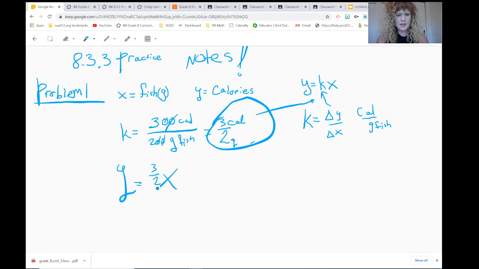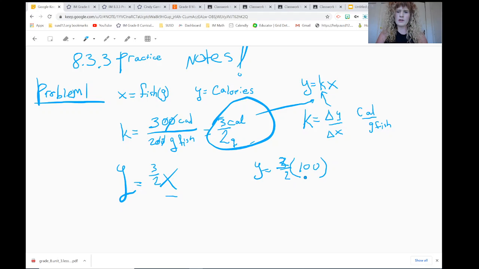And what does that mean? That means for every x grams of fish, you have 3 halves calories. Okay, let me show you some data points. Let's use 100. Let's say we have x equals 100. So I'll put 100 in here.